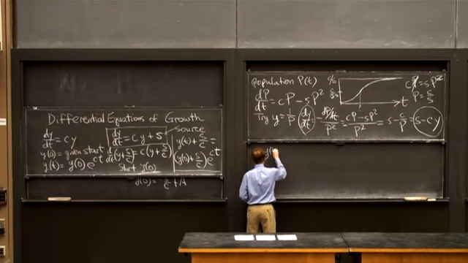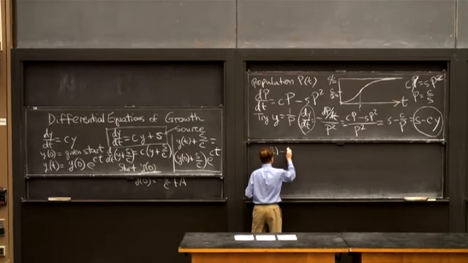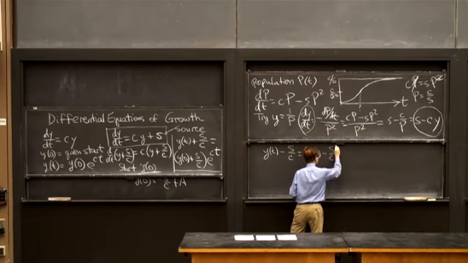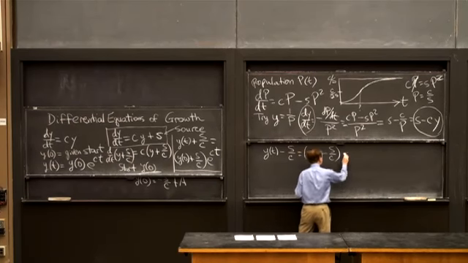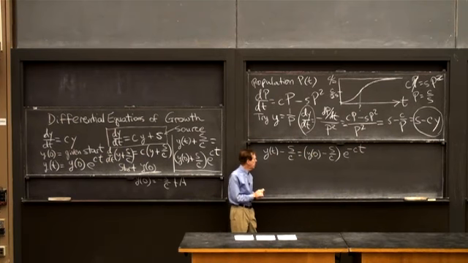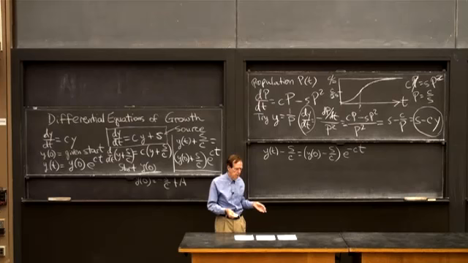Y of t, now c is coming in with a minus sign, is y of 0 minus s over c. C has that minus sign. E to the minus ct. Okay, good. That's the solution for y.